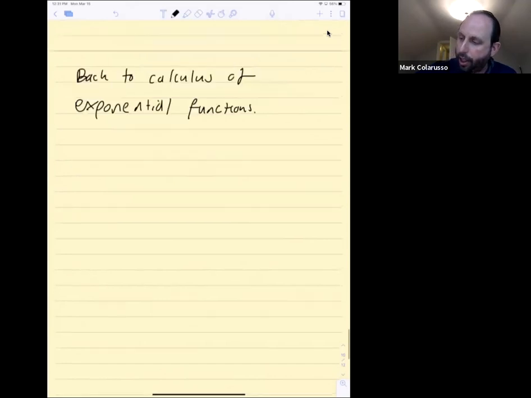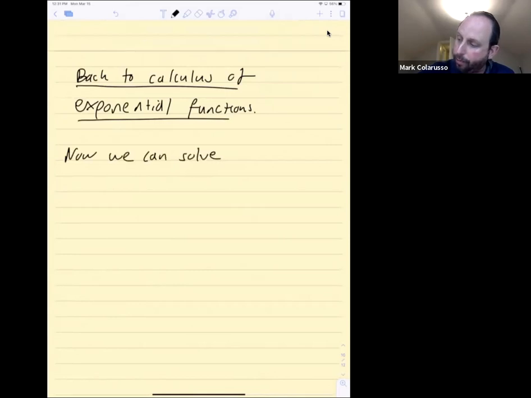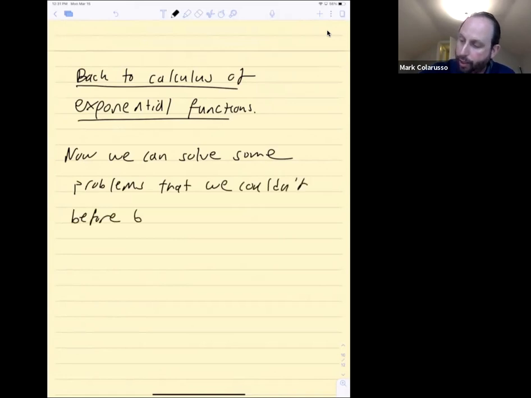Basically the issue is that now we can solve some problems that we couldn't before, because we can solve exponential equations using logarithms.